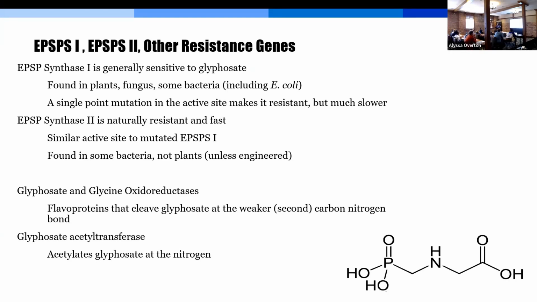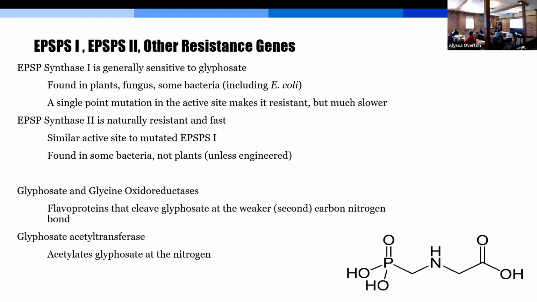However, a single point mutation in EPSP synthase 1 can render it resistant to glyphosate, though it makes it much slower. So the organism certainly pays for that resistance if it doesn't need it. EPSP synthase 2 is basically always resistant. It's got a very similar active site, but doesn't have the catalytic inefficiency that EPSP synthase 1 has for that resistance. It's found in some bacteria, including Agrobacterium, but it's not found in plants unless it's been engineered into them.